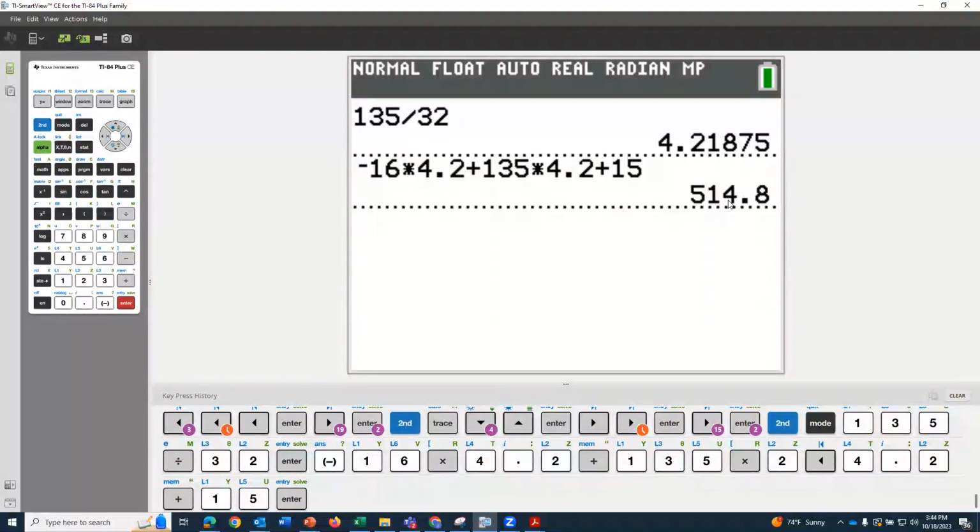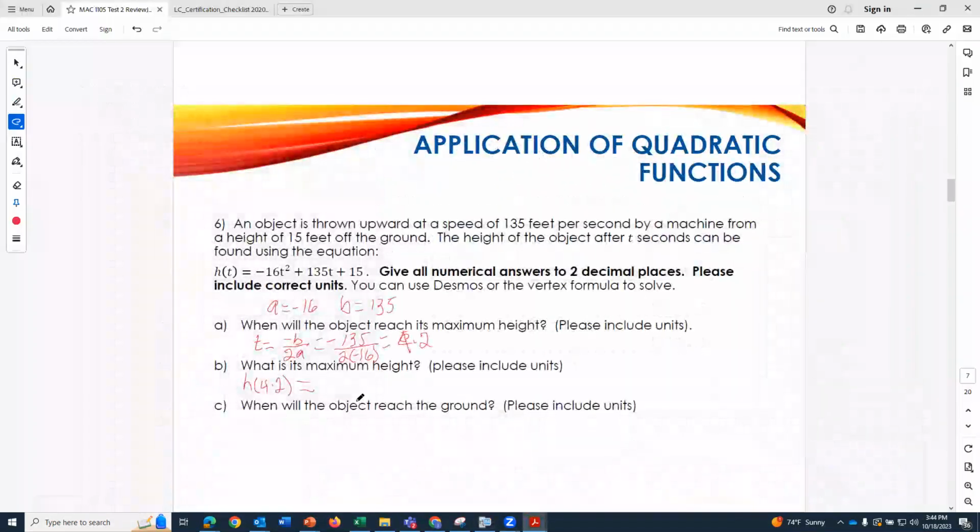It's 514.8. Okay. And when the object will reach the maximum height is to find the t by using the vertex formula and plug in the answer here to find the maximum height.